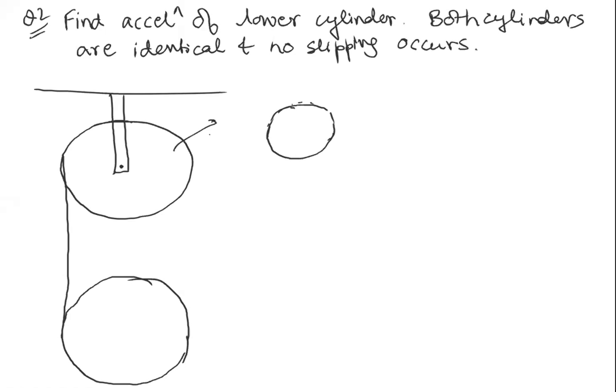Pure rotation में mention T, mg from T dash. So we get TR is equal to I alpha. Notice that this alpha is anti-clockwise.